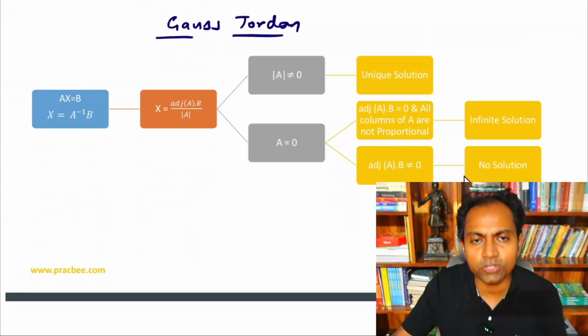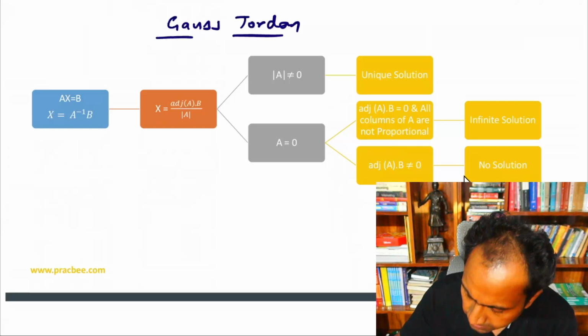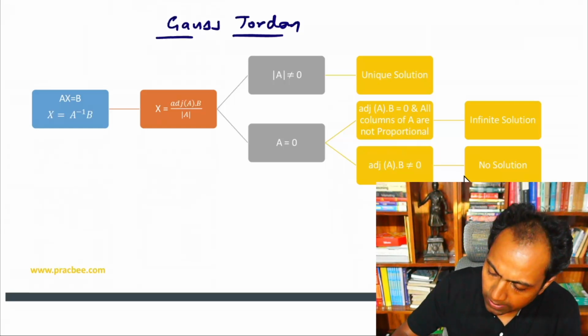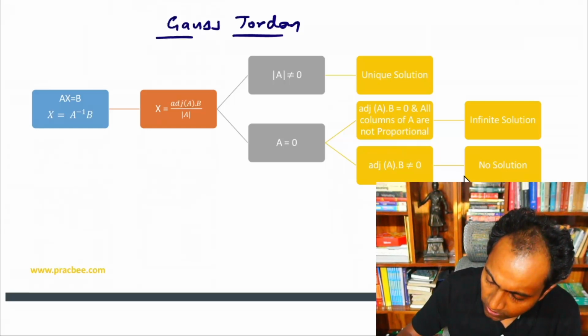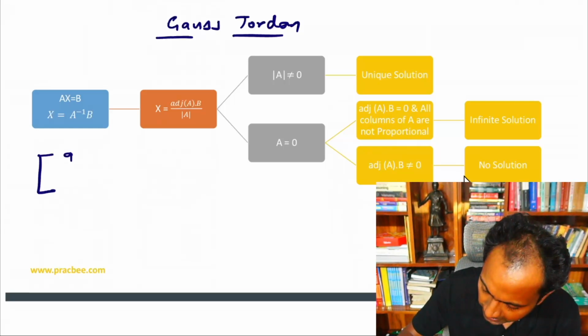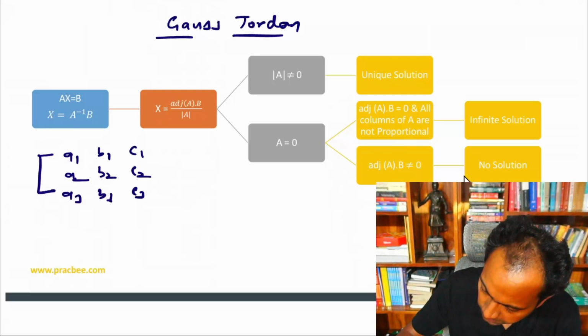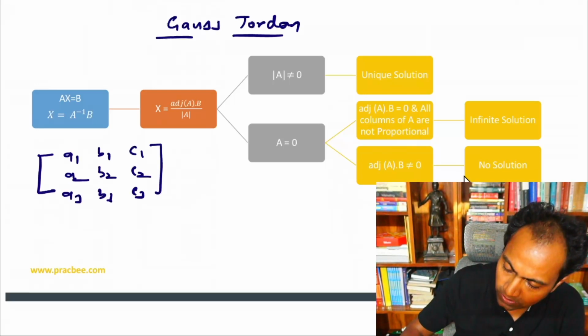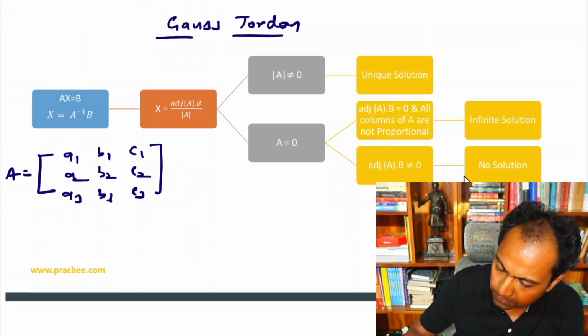Now, if you look into the Gauss-Jordan method, what it says is basically that if you have the similar set of equations that we wrote earlier, we can write the same as nothing but matrices as A1, B1, C1, A2, B2, C2, A3, B3, C3. This could be one matrix. We are calling this the A matrix.